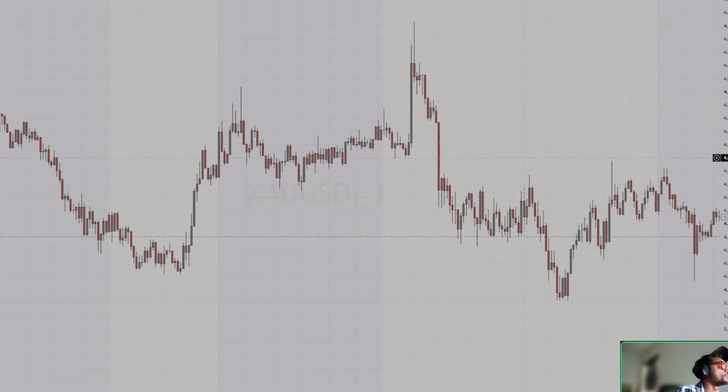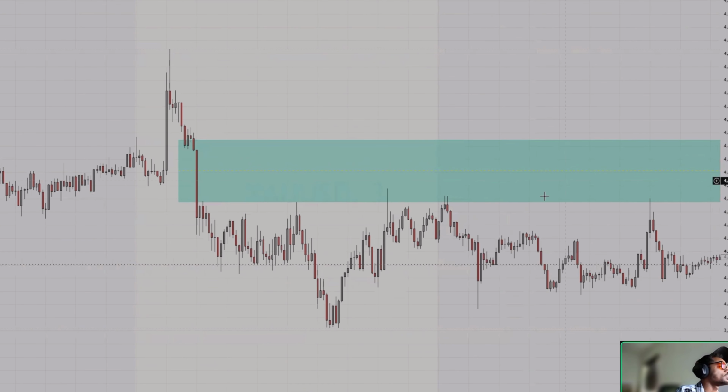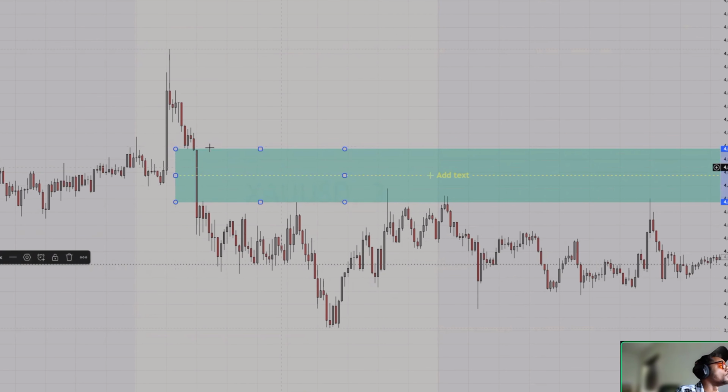A lot of people, like there's many different kinds of FVGs. A lot of times you'll hear me just call this an FVG, but it's because I don't want to confuse people, because these are more advanced topics. But essentially, this form of fair value gap is a liquidity void.